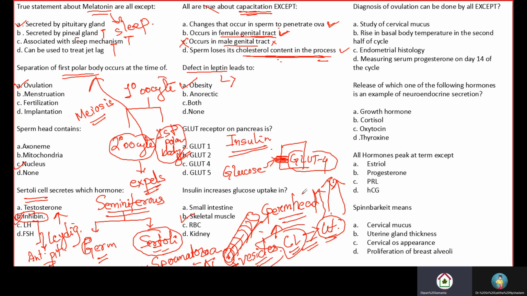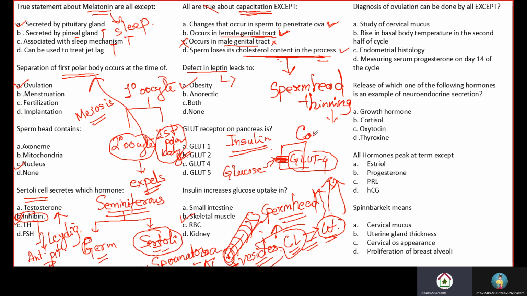As sperm reaches the female genital tract, the loss of cholesterol starts, and this leads to sperm head thinning, and this is what makes the sperm capable to enter the ova.